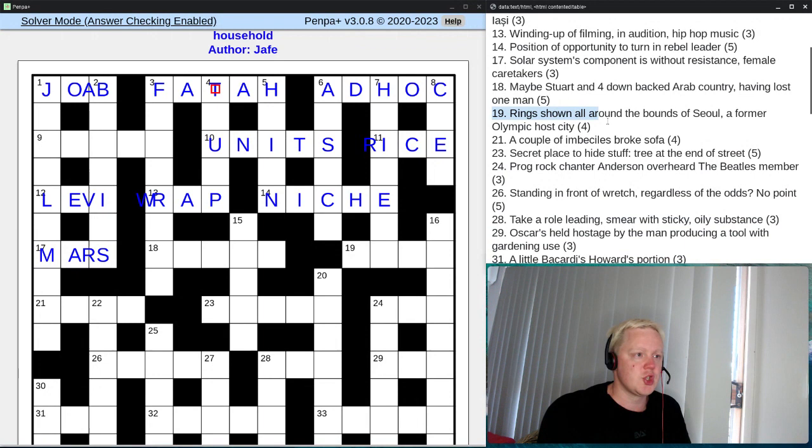So rings shown all around the bounds of Seoul, a former Olympic host city. We're going to need the name of a former Olympic host city. That's 4 letters long. And the bounds of Seoul are the bounding letters, the first and last letter, the extreme letters of Seoul.